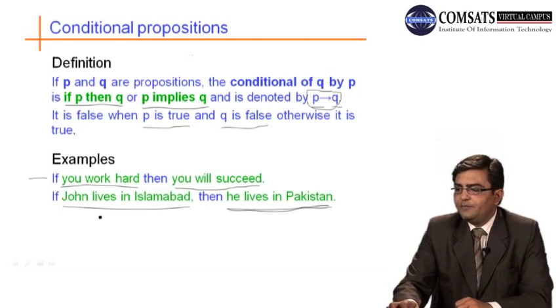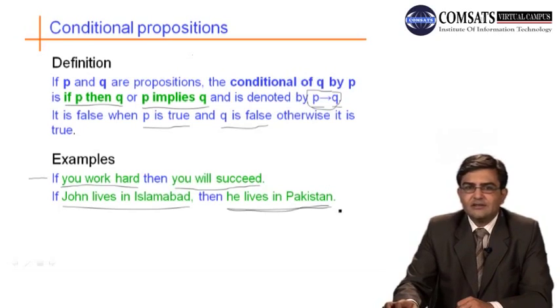But if we say that John doesn't live in Islamabad, and we say that he lives in Pakistan, then again this conditional statement will be true. If John doesn't live in Islamabad, he may live in Peshawar, Rawalpindi, or any other city of Pakistan. Again, this conditional statement in this case will be true.